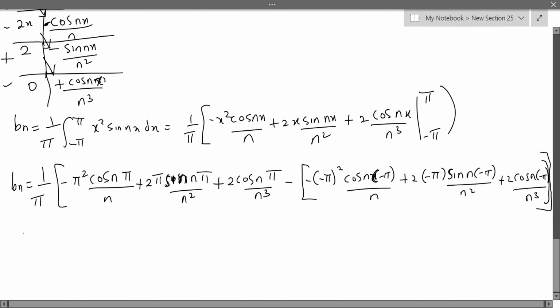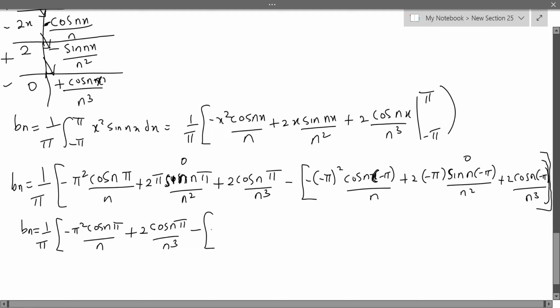Alright, so your bn now is equal to 1 over pi. Now, as I told us, whenever there is a pi attached to the sine, you get 0. So this 2 has given us 0. Write what is left: cos n pi over n plus 2 cos n pi over n cubed. So if you use minus to open this, okay, hold on.